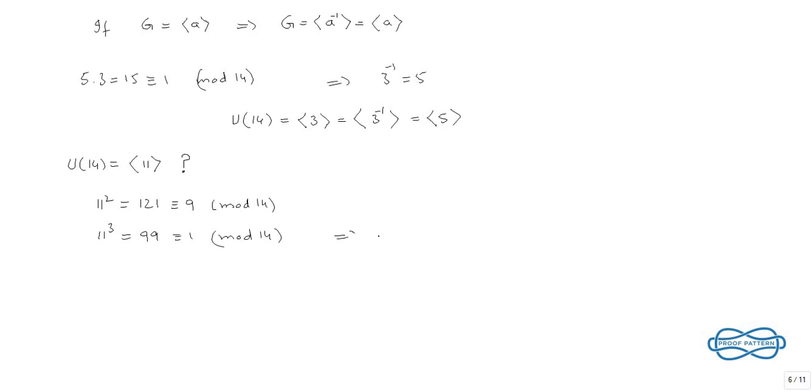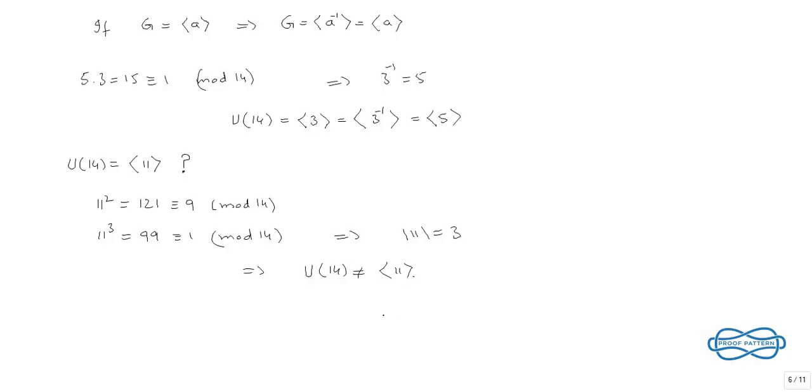This means the order of 11 is 3, which is not the order of the group. So the unitary group under multiplication modulo 14 cannot be generated by 11.